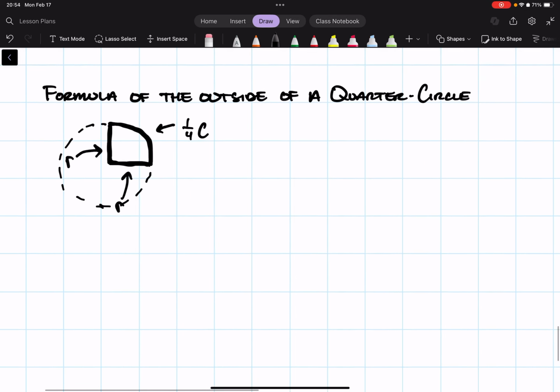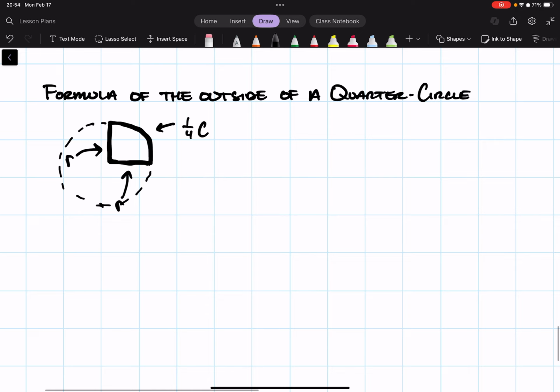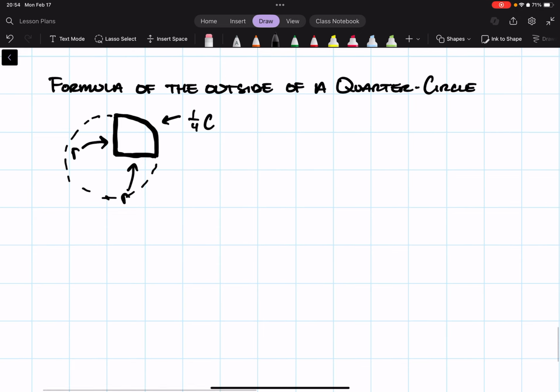So, what is the formula here? The formula is going to be the following: you're going to have a quarter of the circumference plus the radius again.